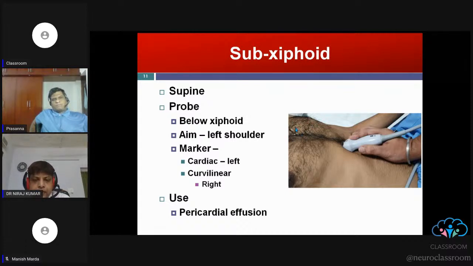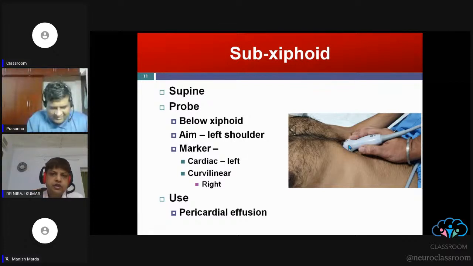In that condition, nowadays there is a concept that you can just view the heart through the subcostal area and see what is the reason for this cardiac arrest. When there is an interruption in the chest compression during the CPR period, the clinician can visualize the heart through this subcostal area. So subcostal is very useful nowadays for ultrasound guided resuscitation.